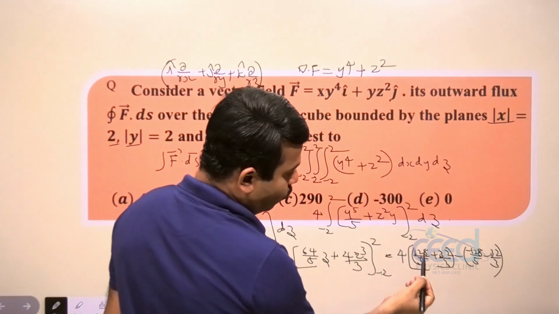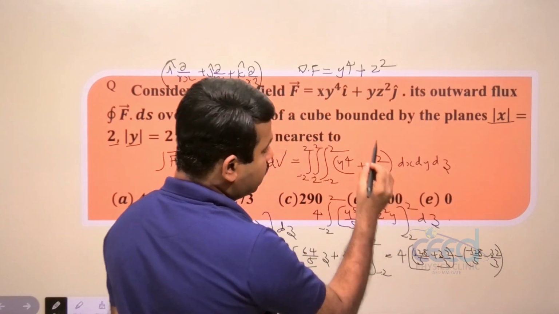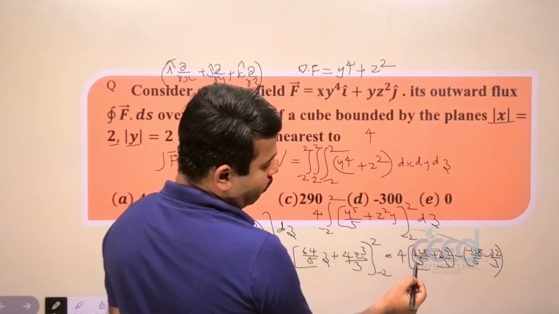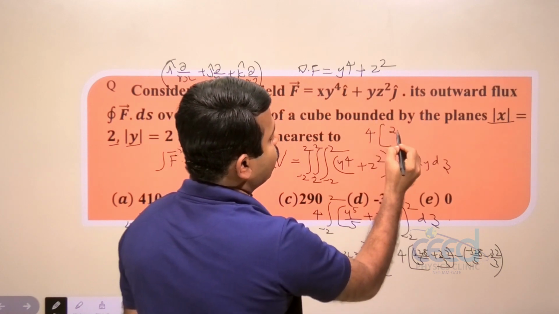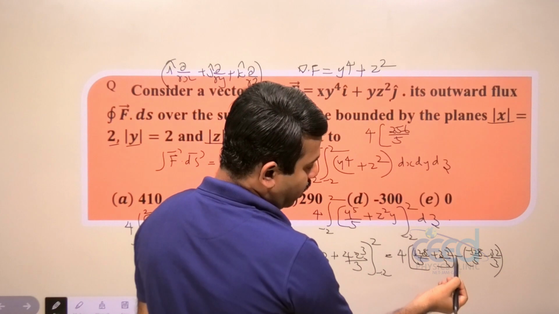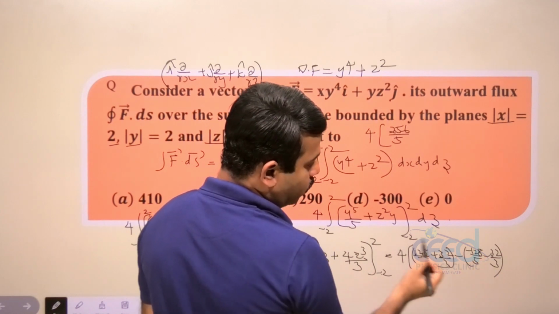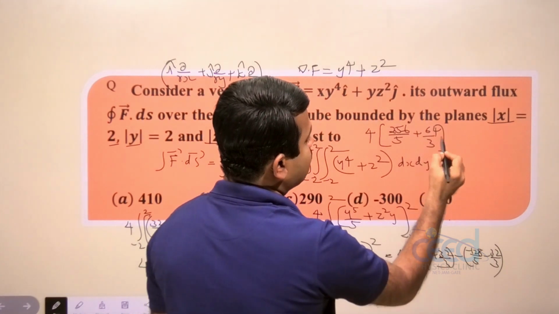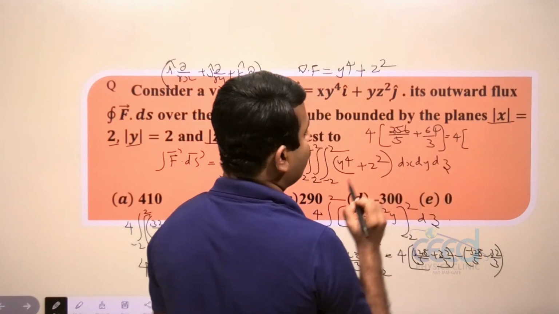So what is 128 plus 128, that is 4 into 256 by 5, 256 by 5. Now 32 by 3 plus 32 by 3, that is 64 by 3.